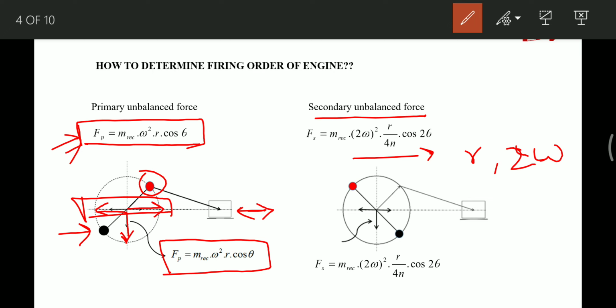So the secondary force is also a component of this reciprocating mass, which is placed at a radius r by 4n in the system. So this is just a component of this force.